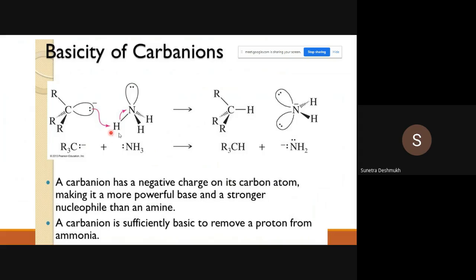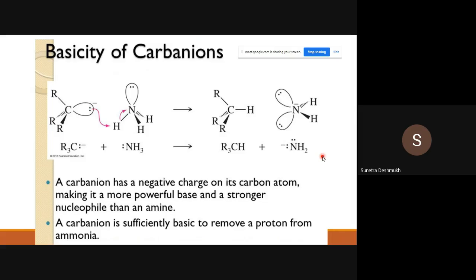The carbanion abstracts a proton from ammonia to form the normal alkane, and generates NH2 minus, which is an even stronger base. In that way we can explain the basicity of carbanions.